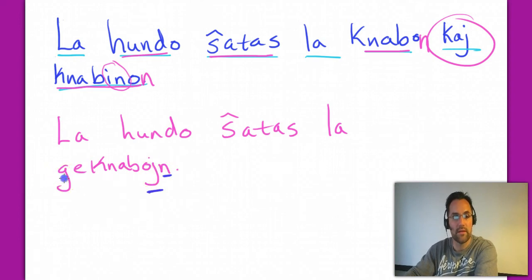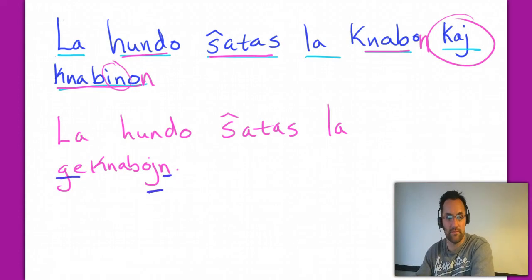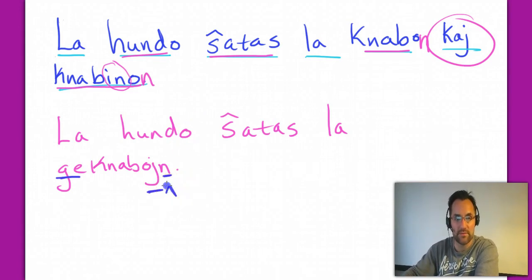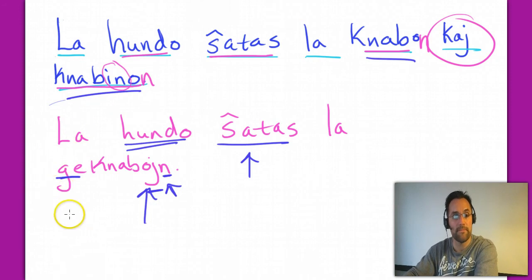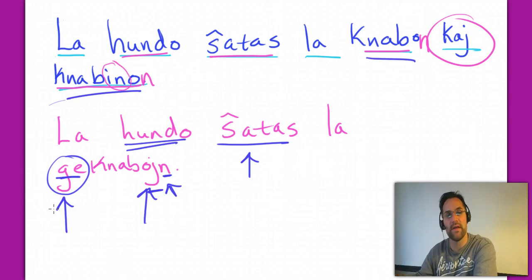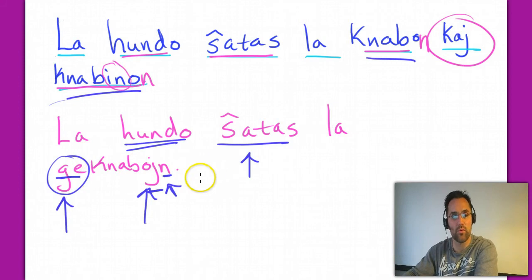And we have the affix ge. Ge means both genders included. Okay? So in the case of the boy and the girl, we could say geknaboin. Right? We have our accusative because it's being acted on by that shatas, yes, from la hundo. It's more than one, two. So there's our plural. And it's two genders, so there's ge. Now this is definitely more advanced than where we're at right now, but this gives us an idea of what's to come. La hundo shatas la geknaboin.